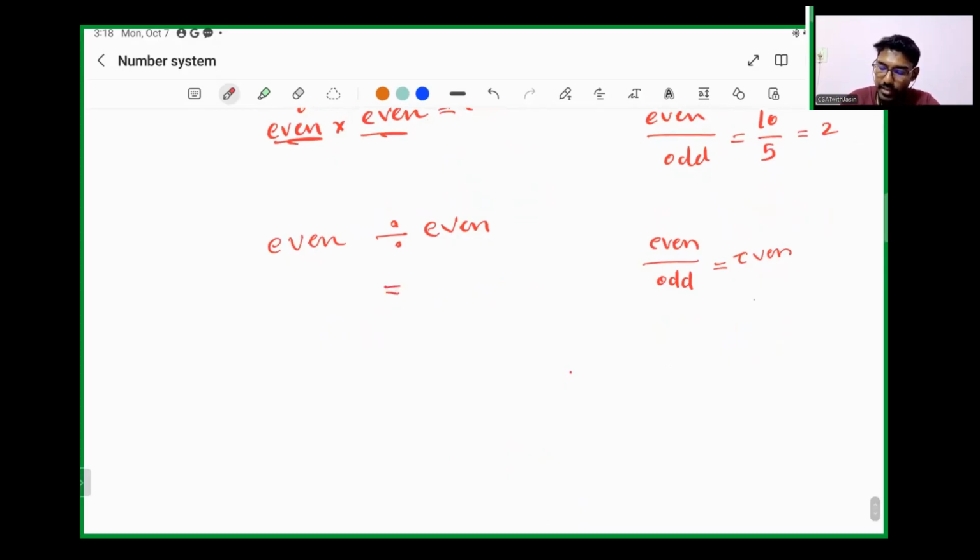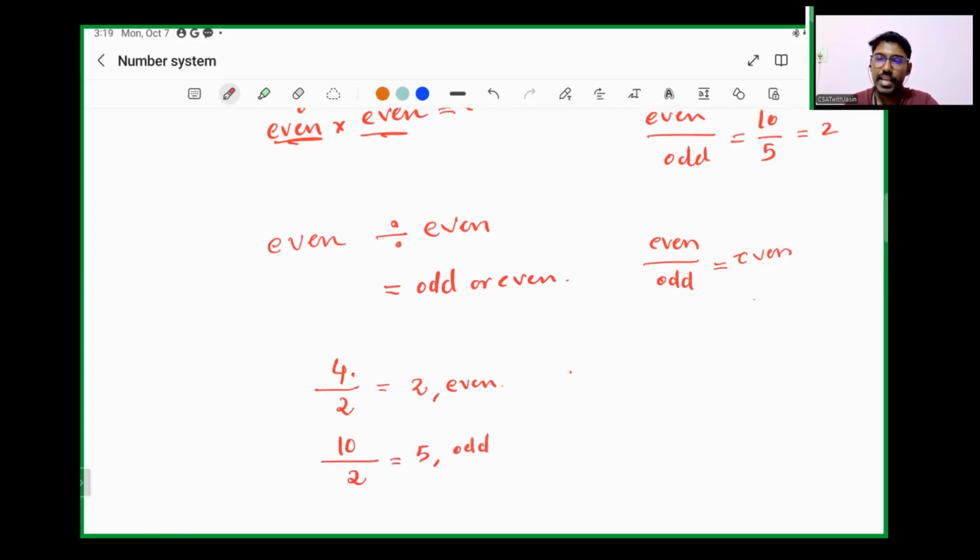Even divided by even can be odd or even. For example, 4 by 2. 4 is an even number, 2 is an even number, you are getting 2. So it's an even number. Now if I take 10 by 2, it is 5. It's an odd number. So both can come.